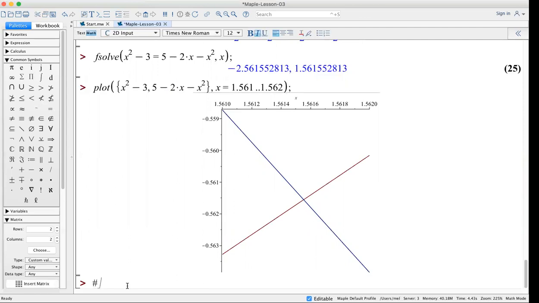let me just write this down. So the y coordinate of the point of intersection is about minus 0.561.